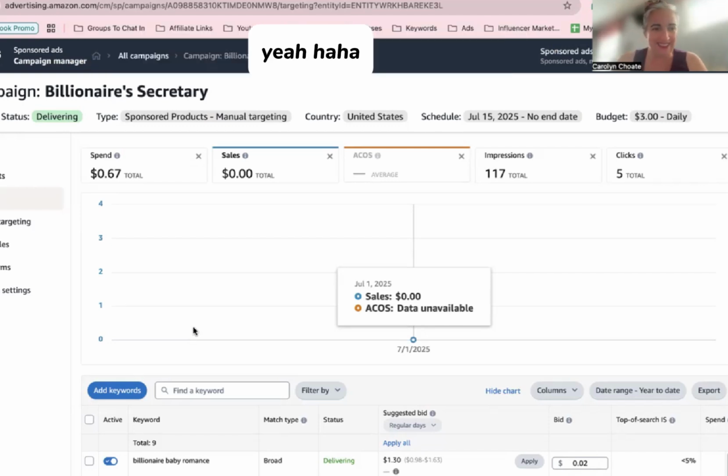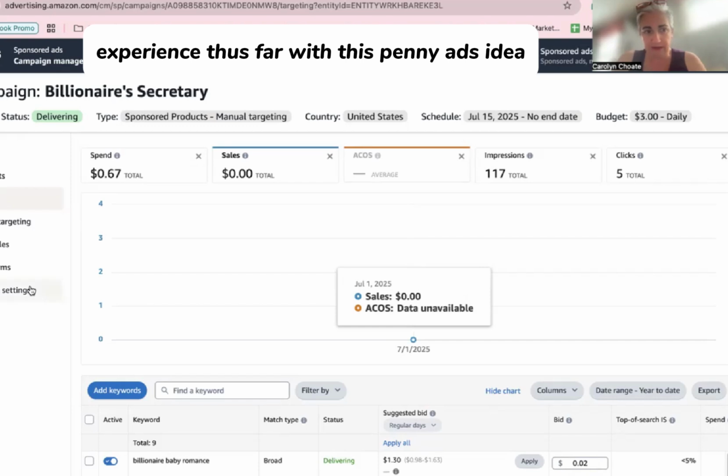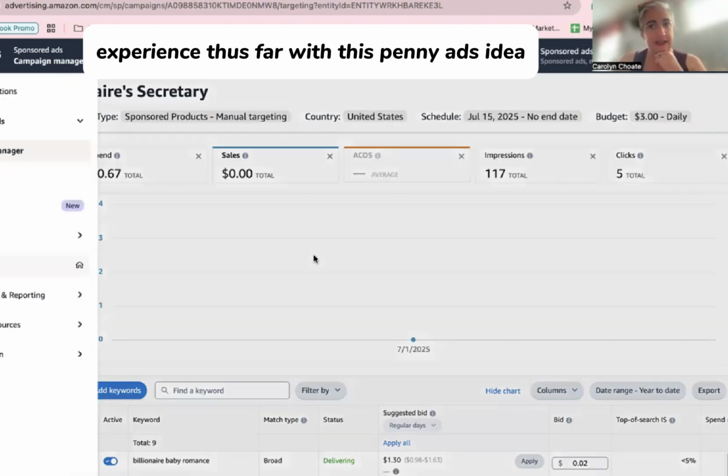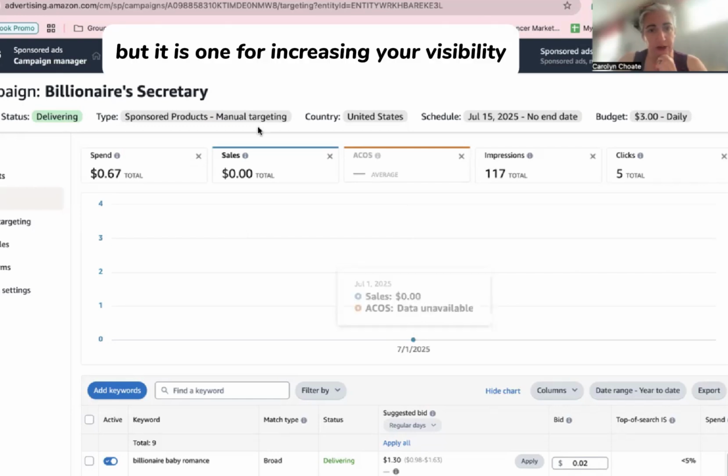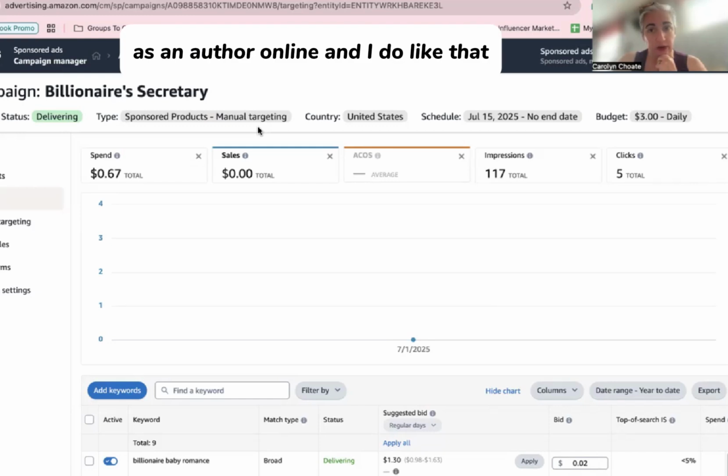Yeah. So that is my experience thus far with this penny ads idea. It is not one for getting massive sales, but it is one for increasing your visibility as an author online.